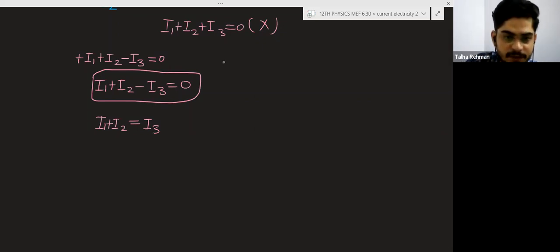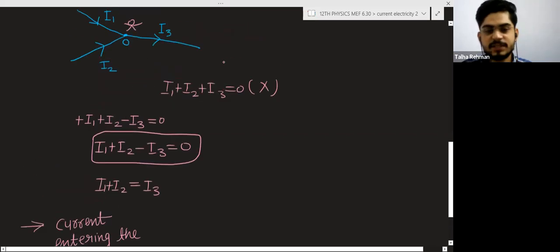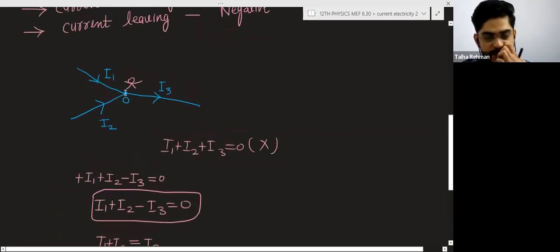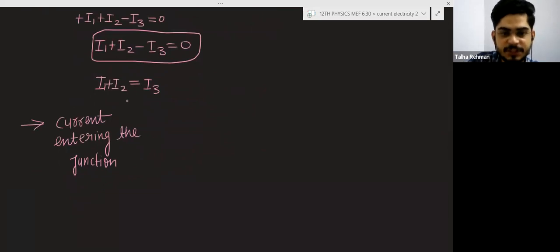So you can write one more statement: current entering the junction, and the junction is this point where all the wires are meeting. Current entering the junction is equal to current leaving the junction.